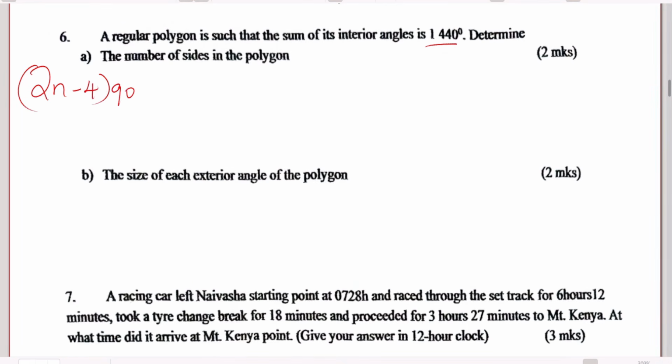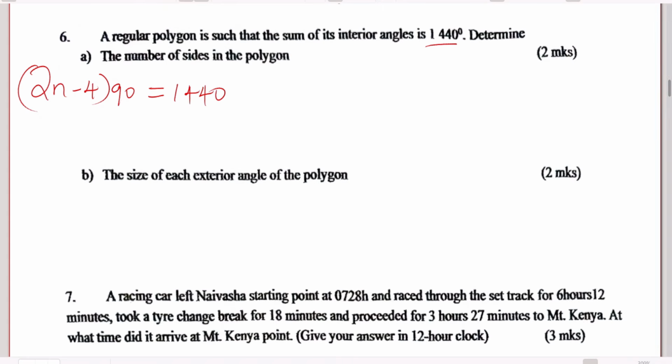So that is how we get the sum of interior angles of any regular polygon with n sides. N here represents the number of sides. So this one should be equivalent to 1440.